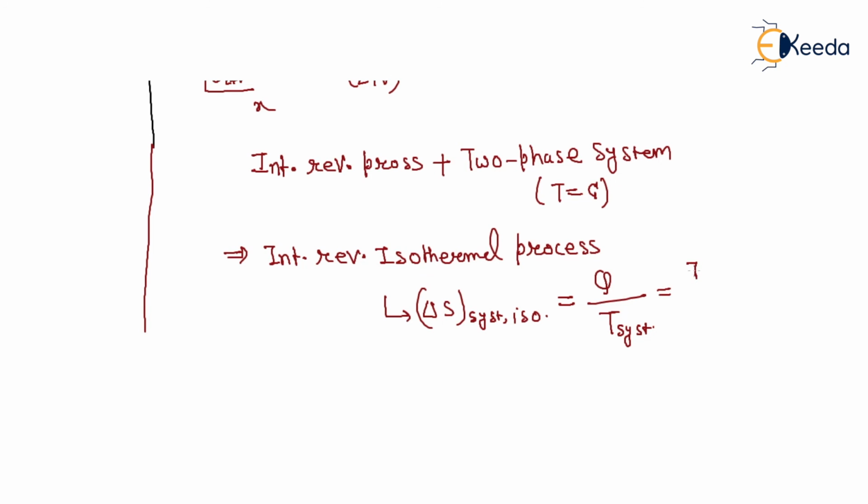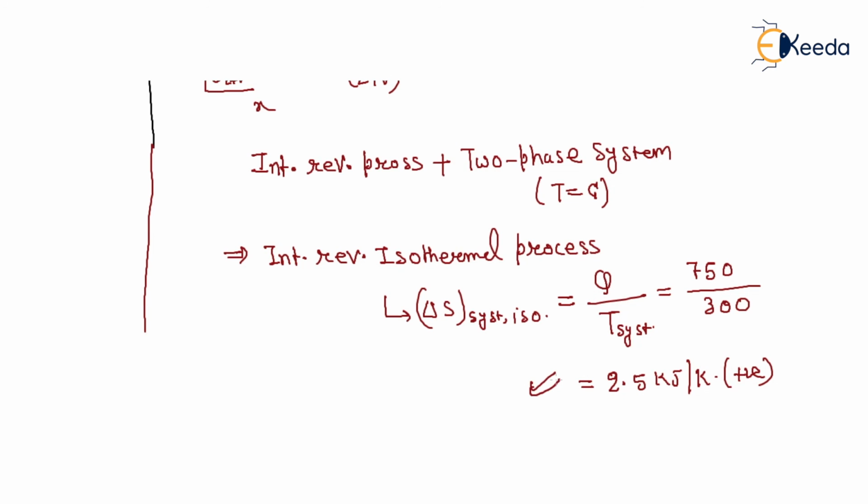Because heat is added to the system, divided by the temperature, 300 Kelvin. So the entropy change is 2.5 kilojoule per Kelvin. Note that the entropy change of the system is positive, as expected, since heat is transferred to the system.